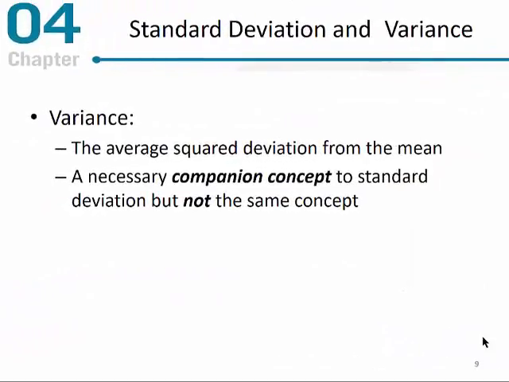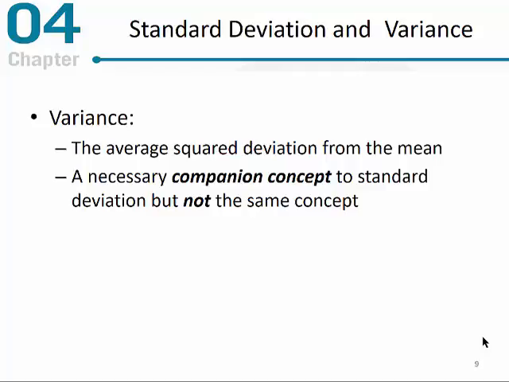The most common and most important measures of variability are the variance and also the standard deviation. Both of these increase or decrease based on how closely the scores are clustered around the mean. So they both are measures of the standard or the average distance from the mean. The variance is the average of the squared deviations from the mean of the distribution, and it's a necessary companion concept to the standard deviation.